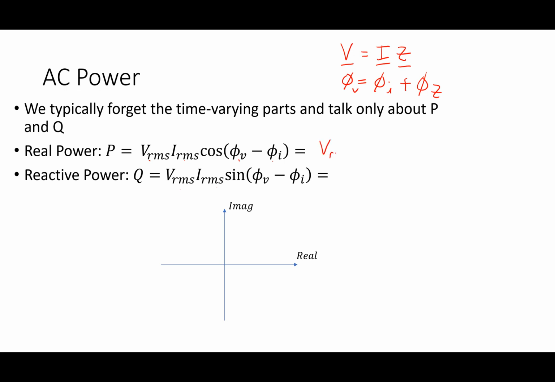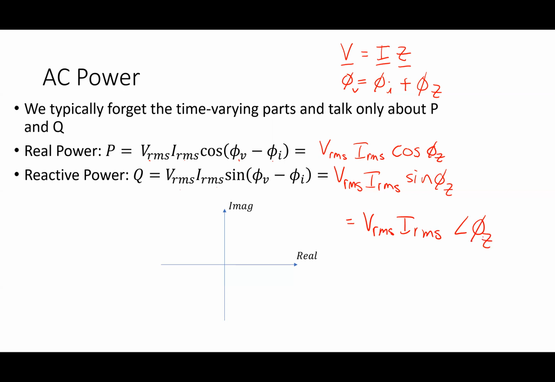So I can say that P is VRMS, IRMS, cosine phi Z, and Q is VRMS, IRMS, sine phi Z. That tells me that P and Q are two parts of a vector with an angle of phi Z. In other words, we can write this as VRMS, IRMS with an angle of phi Z, which is how we write a vector with those two things.